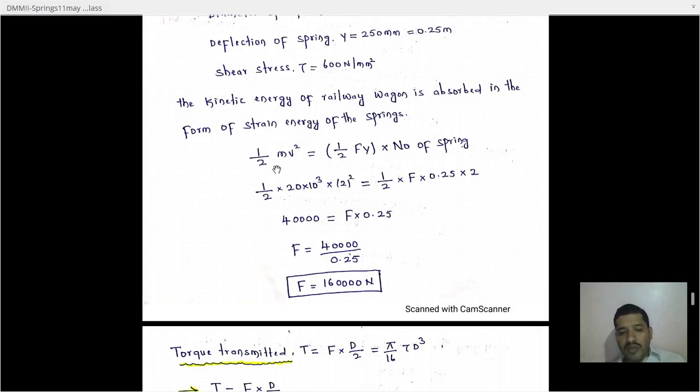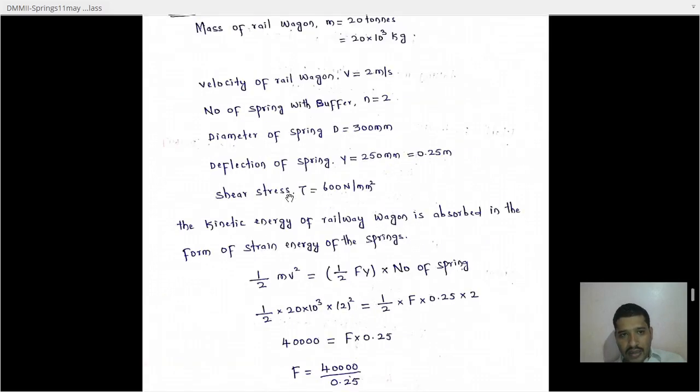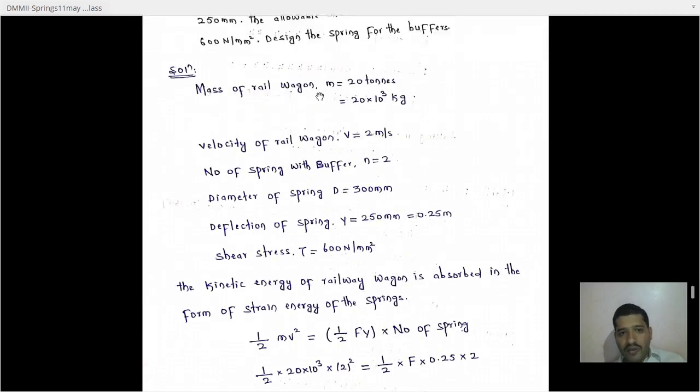The mass of the rail wagon is given as 20 into 10 power of 3. The velocity of the rail wagon is 2. Equal to 1 by 2 force. Force we don't know, we need to find out.